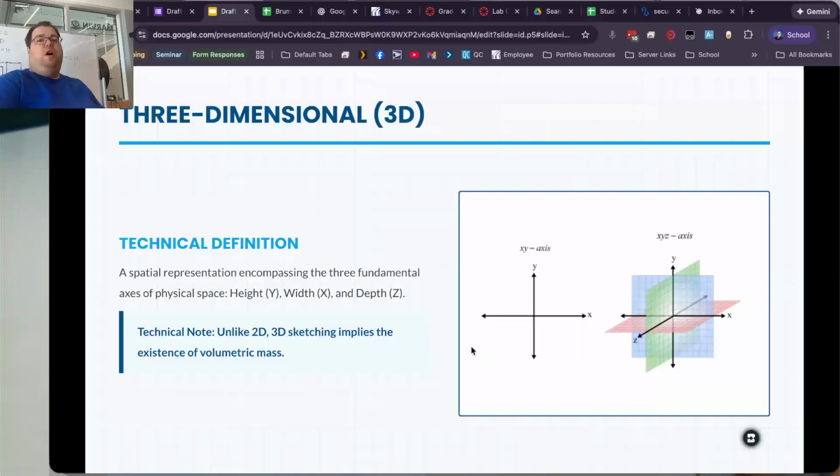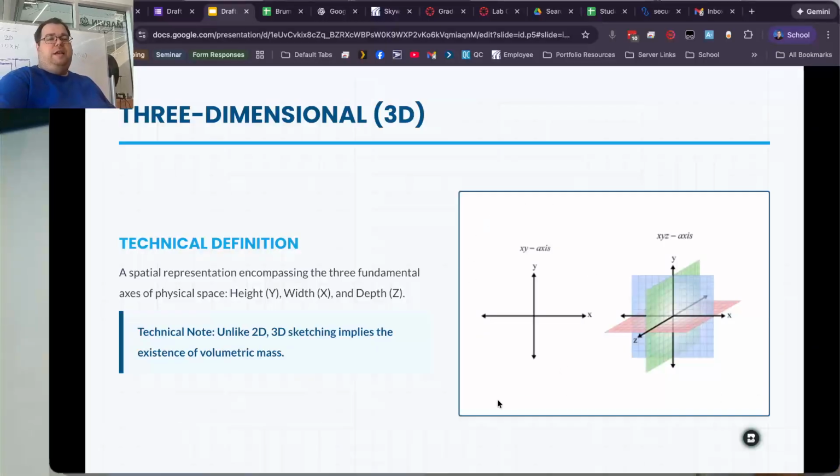So if we look at our drawing over here, you see that the first side of it, I guess, is just a two-dimensional XY axis. This is what we worked with last time. What we're doing today is we're adding the depth axis, or the Z axis. That's the one angling right here.